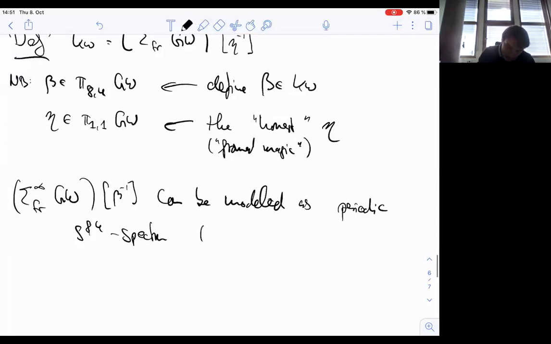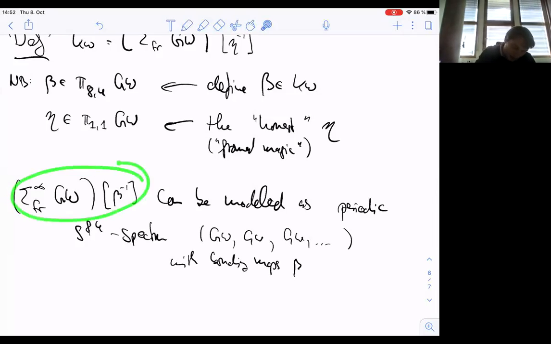What I mean by this is you take the space GW as your first space, then the space GW as your second space, and also your third space, and so on and so forth, and all the bonding maps are beta. If you unwind what this means, you just basically get this guy.